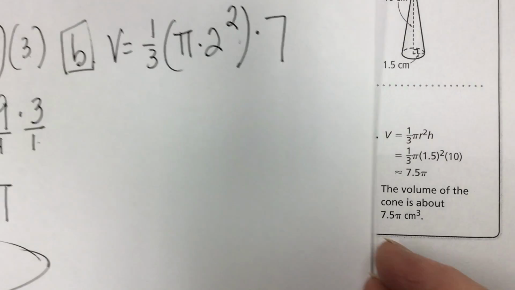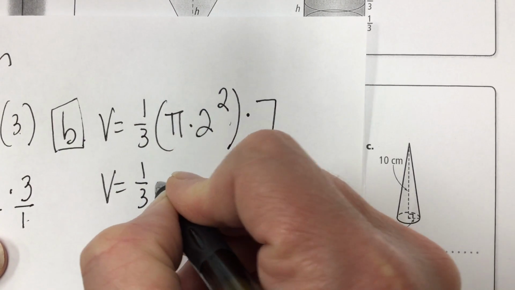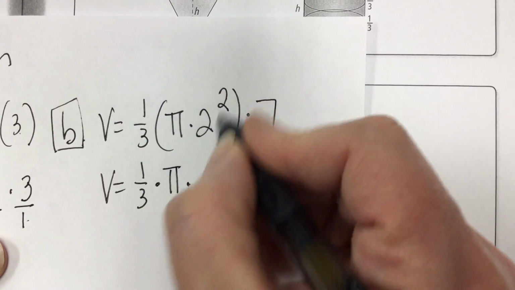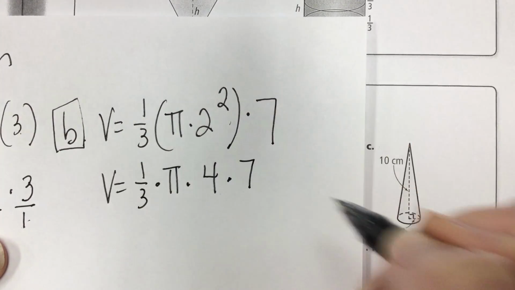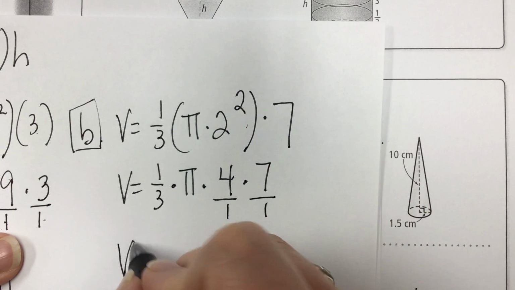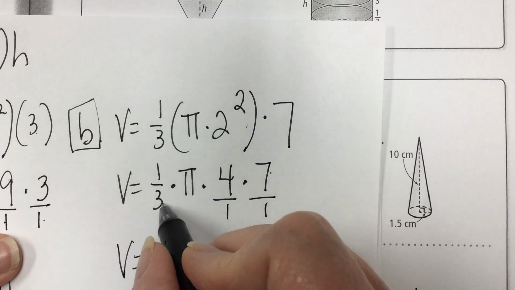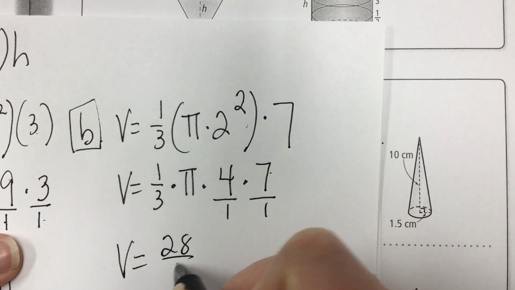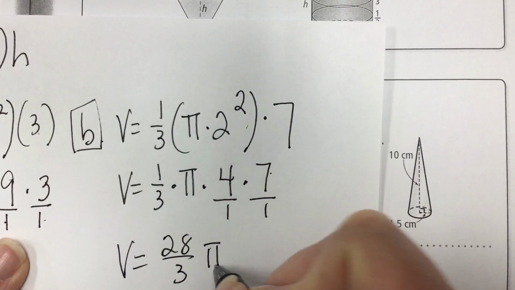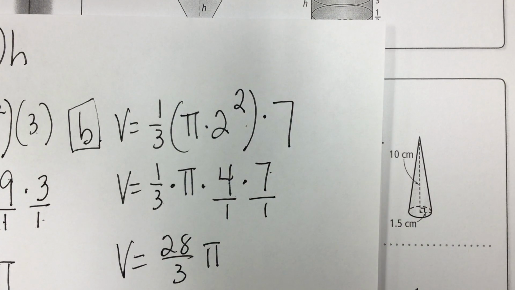Okay, so looking at B part now, I have volume is equal to 1/3 times pi times 2 squared, which is 4, times 7. Now again, think of those over 1, and let's just multiply straight across. 1 times 4 is 4, times 7 is 28. 3 times 1 is 3, 3 times 1 is 3, pi. So I have 28/3 pi. Now you can punch in your calculator 28 divided by 3.